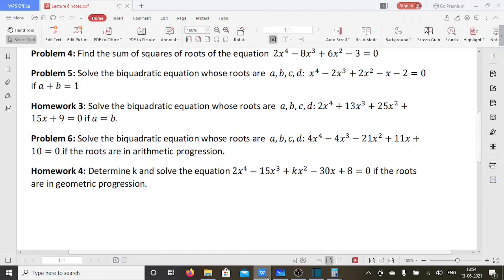So we have to get the product as alpha raised to 4 as 4. So this alpha is equal to root 2. Now substitute that value root 2 in the given expression and we will get the value of K. Now solve the equation substituting the value of K. That's the method.